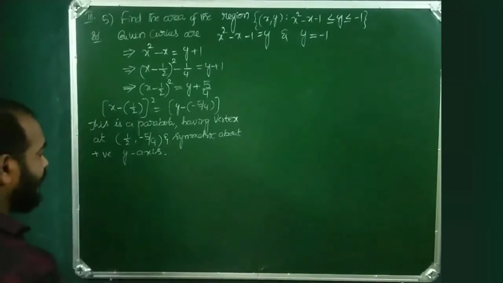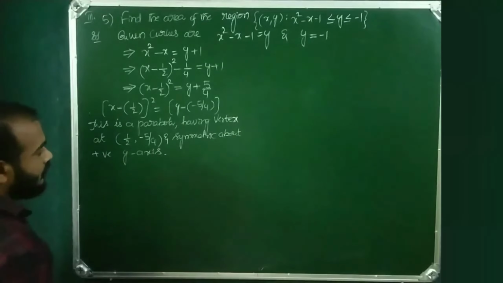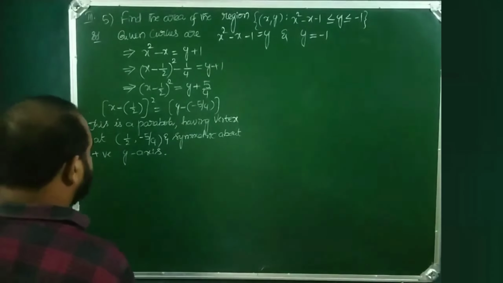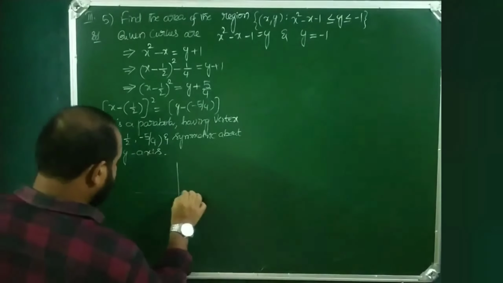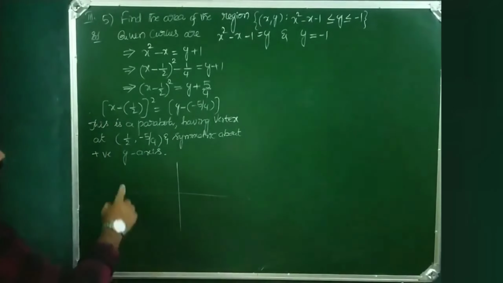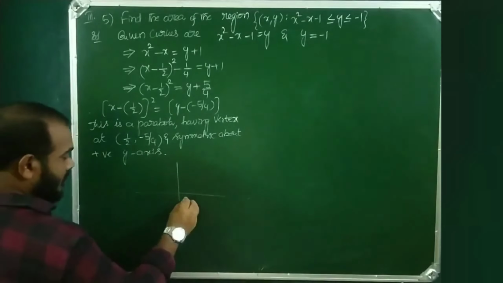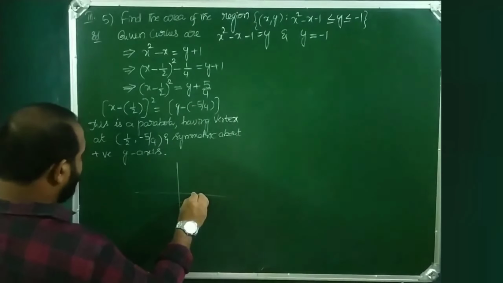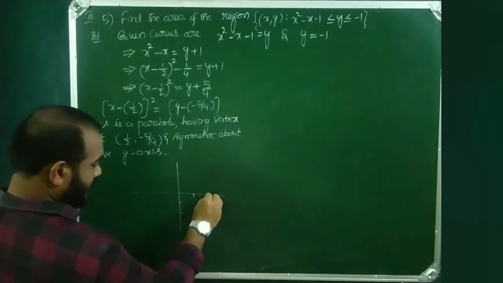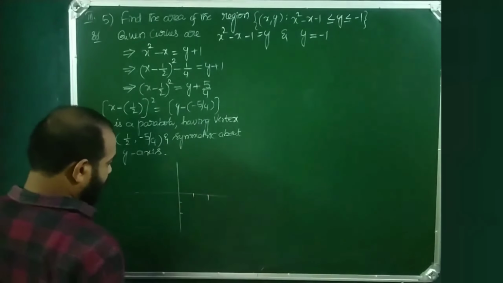So this is equals to, so let us try to draw the diagram first. So this is somewhat like here. So this is 1 by 2, this is 1, this is 1, this is 2.